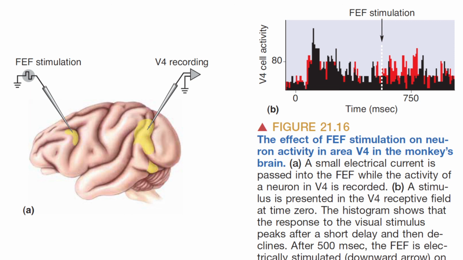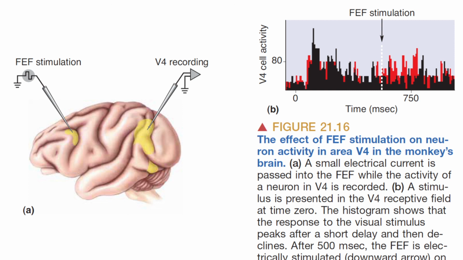And then we go to this final figure from this second video, and again they are showing what we said before. They have stimulation of the frontal eye field and recording from V4. Figure 21.16 is showing what they call a histogram based on action potentials.